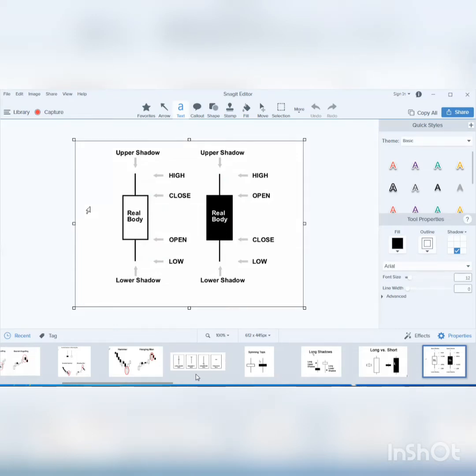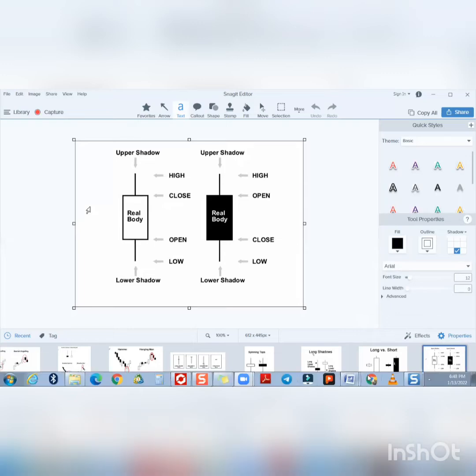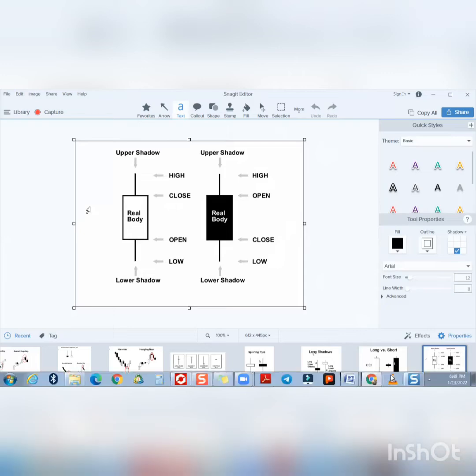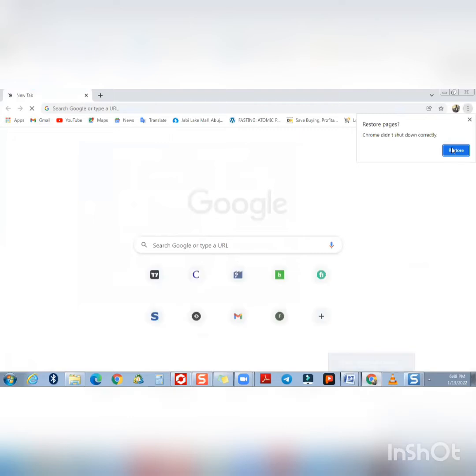So let me see if I could just sharply go into the chat and share something with us for more understanding. This module is going to be a very long one.